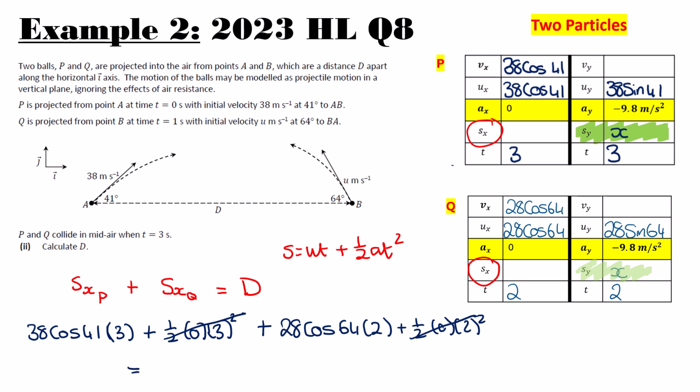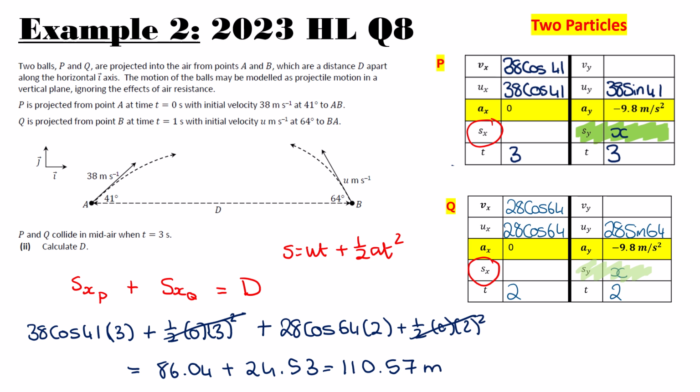So we're just adding those two pieces together. That is 86.04 plus 24.53 and that's going to give us 110.57 meters.